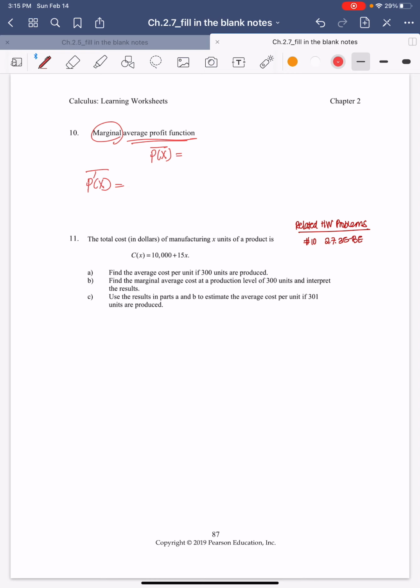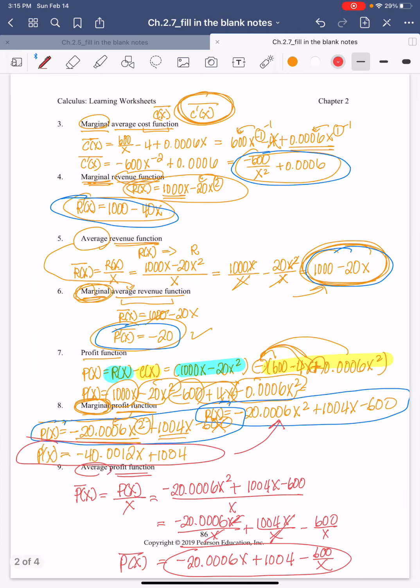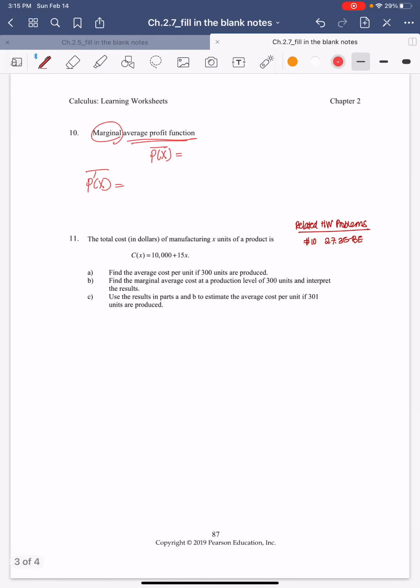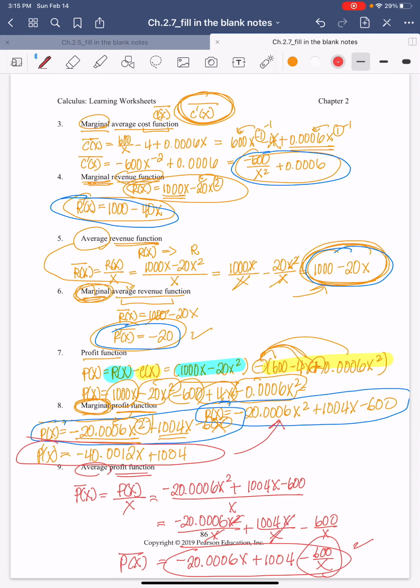What was P bar? From the previous page, that was your P bar of x. So copying down, negative 20.0006x plus 1004. And I'm just going to rewrite that as negative 1, so it's easy to take the derivative.